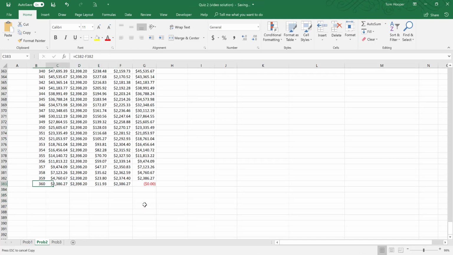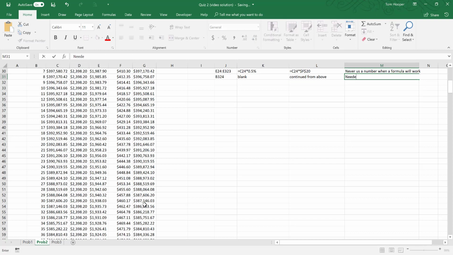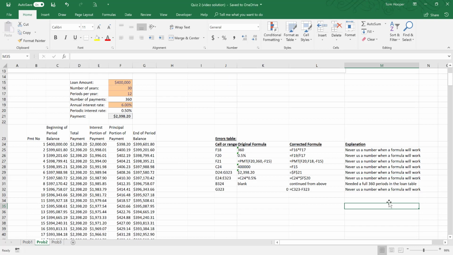And now we in fact calculate the zero at the bottom of the table. And that's all for problem 2.